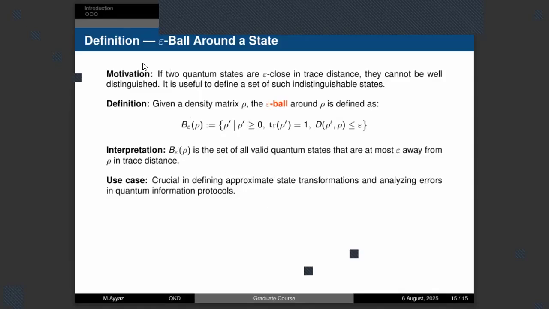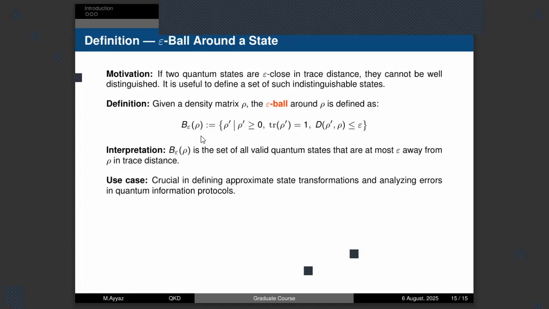So here is another definition, the epsilon ball around a state. Consider we have a state rho, and some states are very close to rho, within an epsilon ball. Epsilon here is a very small value. So the trace distance between them will be smaller than epsilon.